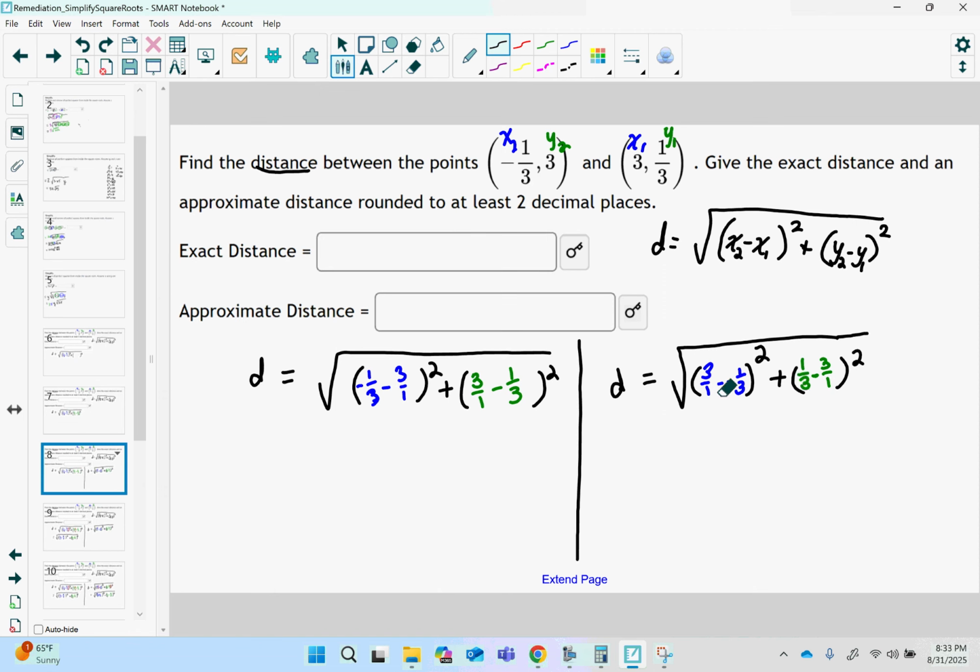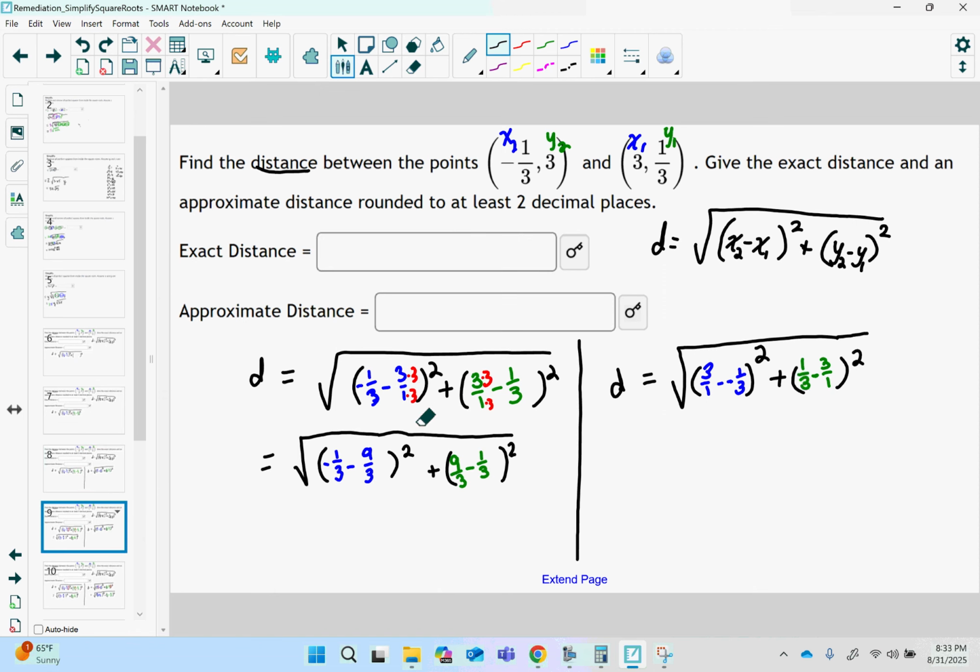So what I have here is a double negative, okay, 3/1 minus minus 1/3 quantity squared plus, and then the y values, the 1/3 first minus 3 written as 3/1. Okay, so I'm just going to do both versions of this side by side to kind of, either way that you did it, you'll see that it works out to be the same thing eventually. All right, so let's go on to the next step.